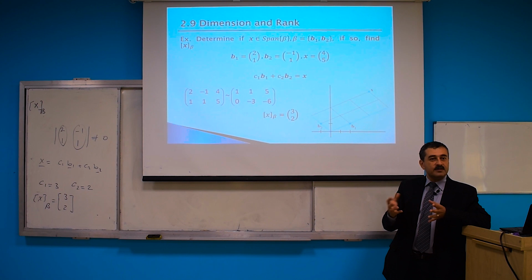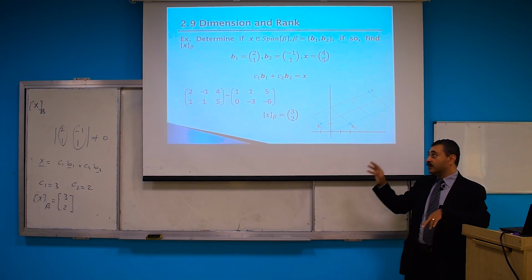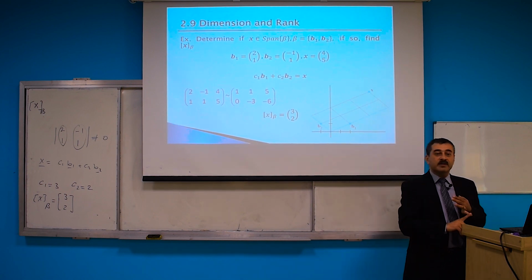Can you generalize this for any basis, for any subspace? Basis means linearly independent vectors. So as they are linearly independent vectors, you will always get a unique solution for your problem. So you don't have the case of an infinite number of solutions.